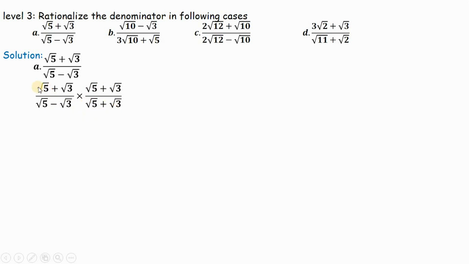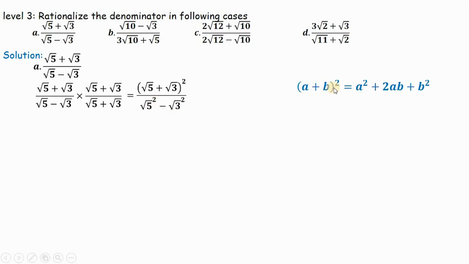So here again it looks similar, both in numerators are similar, root 5 plus root 3, root 5 plus root 3. So here you can use the identity a plus b whole square. Therefore square root of 5 plus square root of 3 whole square. And in the denominator, we can use the third identity, that is a minus b into a plus b, that is a square minus b square.